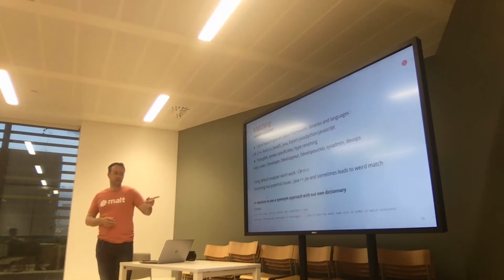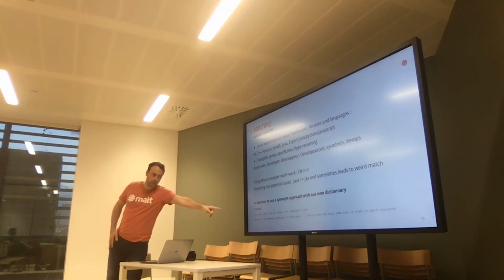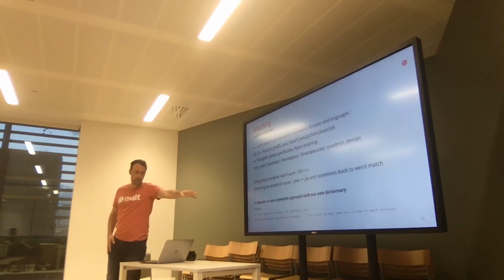And we took a decision to use a synonym approach with our own dictionary to handle a lot of these cases. So for example, here you have all the synonyms for Java, J2E, J2EE, and so on.